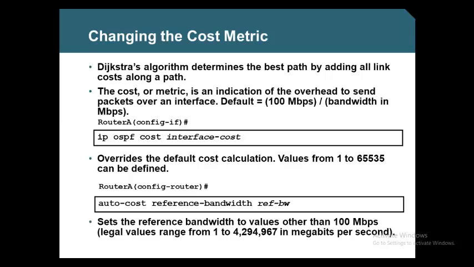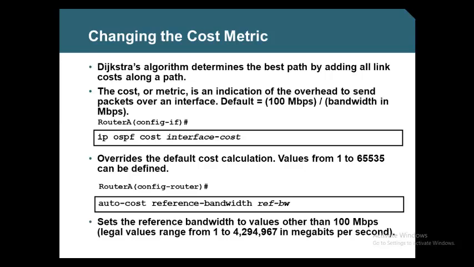Then later I found the cost is a numerical value that you and I can set for each link, so that OSPF will decide on the path by calculating the cost that we feed.